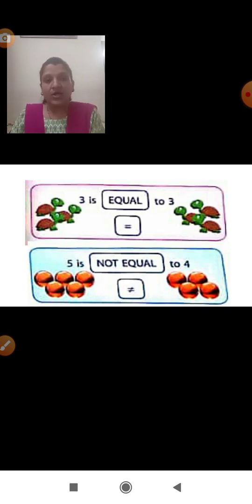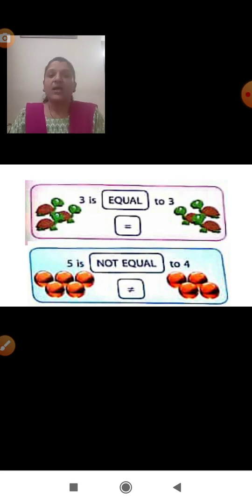So when the number of objects in both the groups is the same, we say it is equal. So here we say 3 is equal to 3. And we give an equal to sign which is shown in the box below, which looks like 2 sleeping lines.